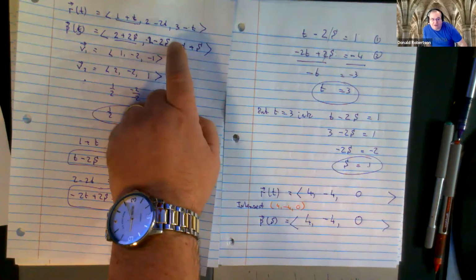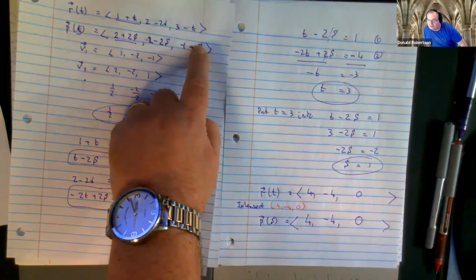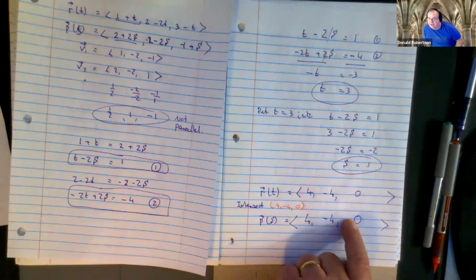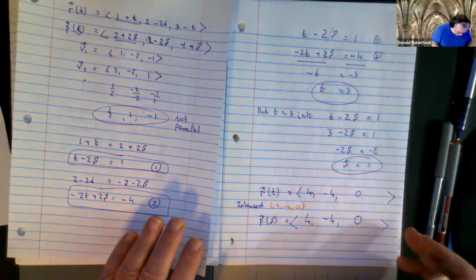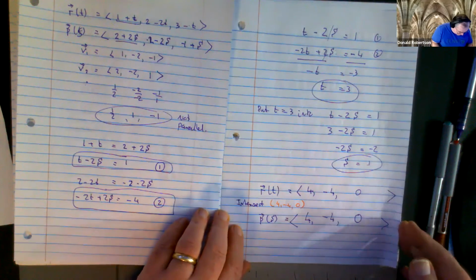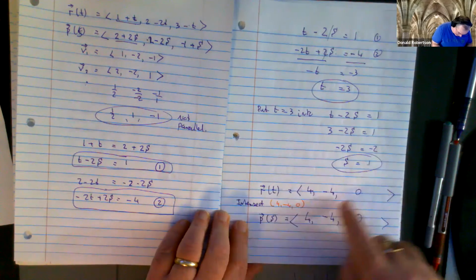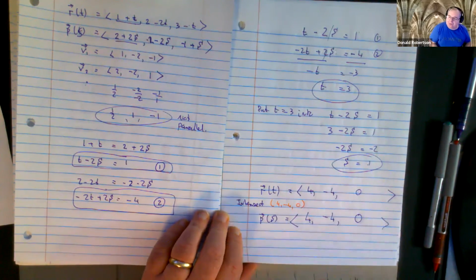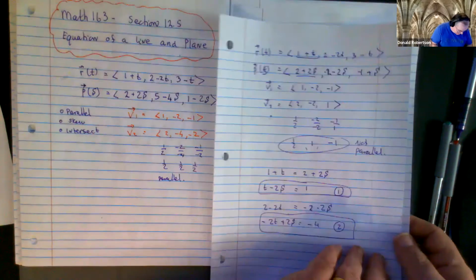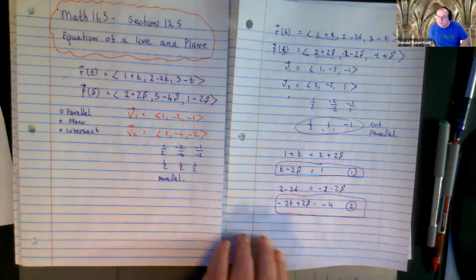Can you pretend that said -1 plus a million s? Wouldn't that be a totally different z value? And we're done. So if they match, intersect. If they don't match, skew. Any questions about that?